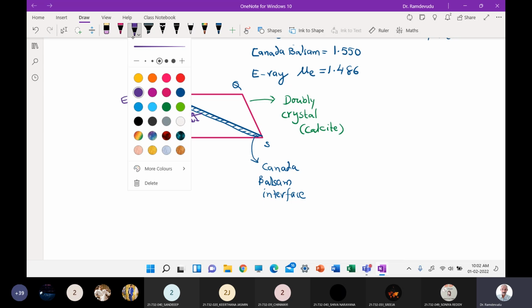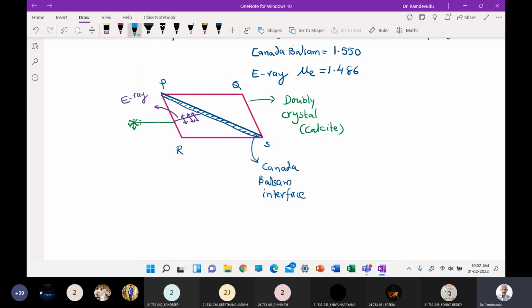The second ray comes a bit differently and hits here somewhere because its velocity is different, and it has vibrations perpendicular to the plane. I call this colored ray the O ray. So now two rays are there.